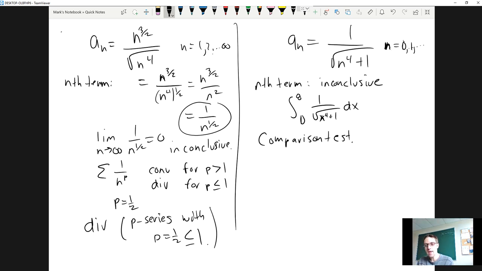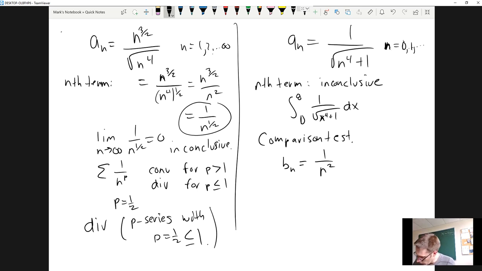If we did not have that plus 1, notice this would be a much easier problem. Using the same sort of simplifications as the previous example, we would be able to write that as just 1 over n squared. But given that we do have the plus 1, this is not equal to 1 over n squared. But it might be reasonable to hypothesize that it should behave like 1 over n squared, since, again, if you ignore the plus 1, the root of n to the 4th is just n squared.